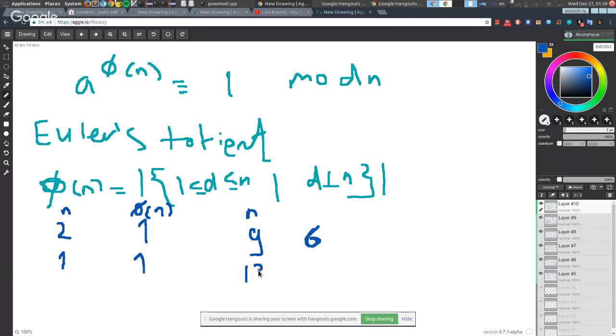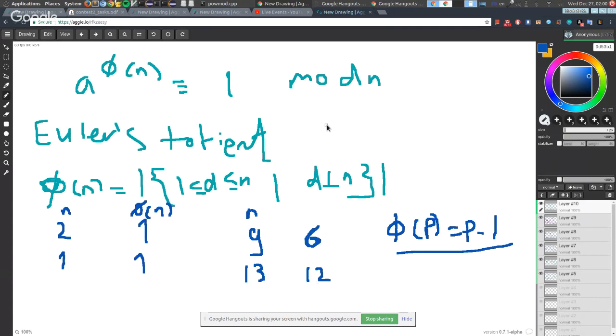If it's a prime number, like 13, then all the numbers from 1 to 12 are coprime. So actually phi of p is equal to p minus 1. This is a special case that gives Fermat's little theorem, but this is the more general version.